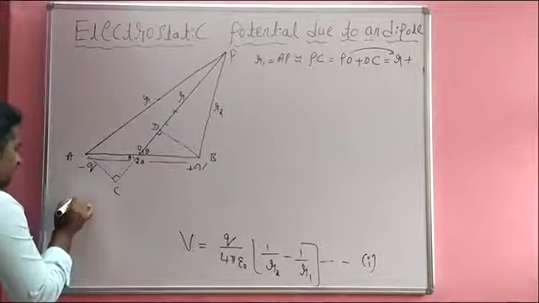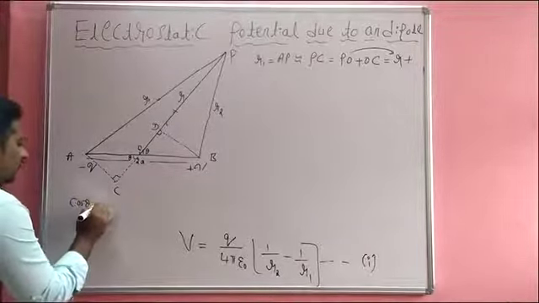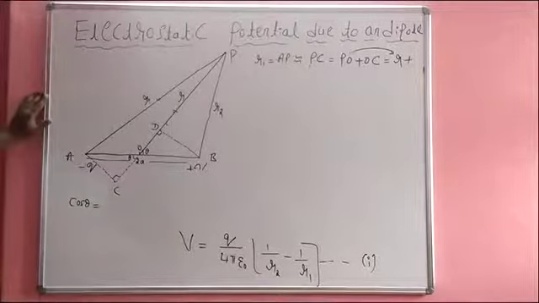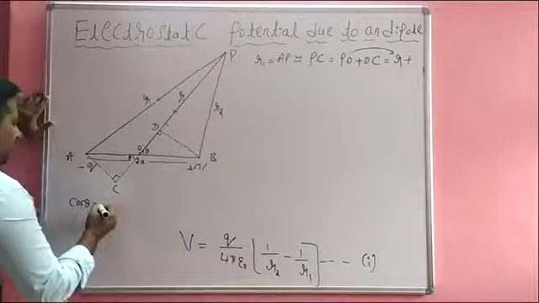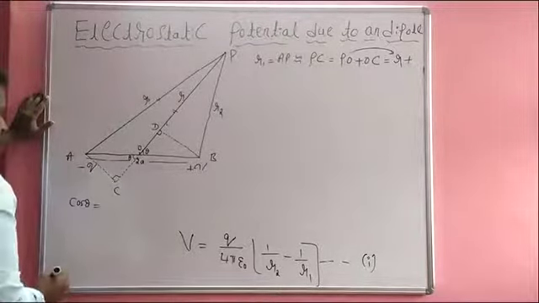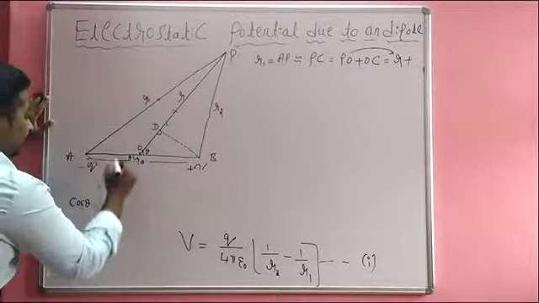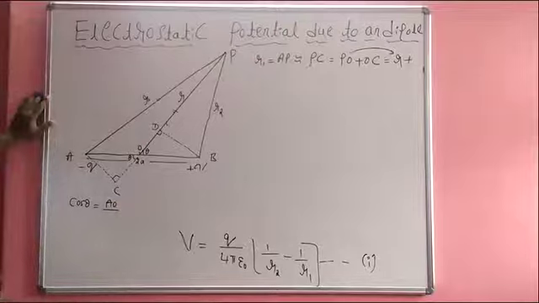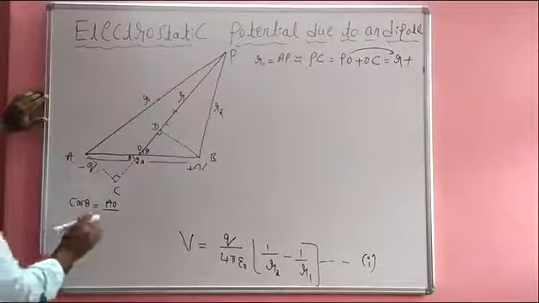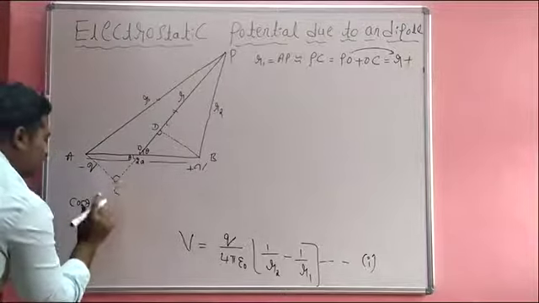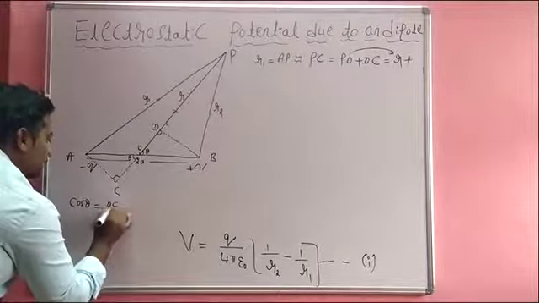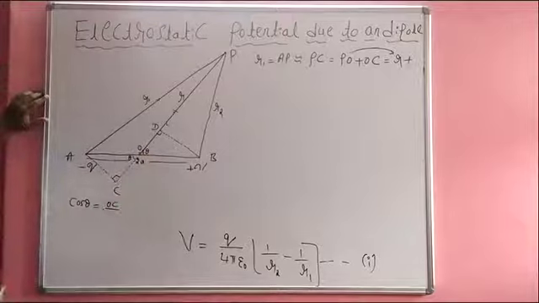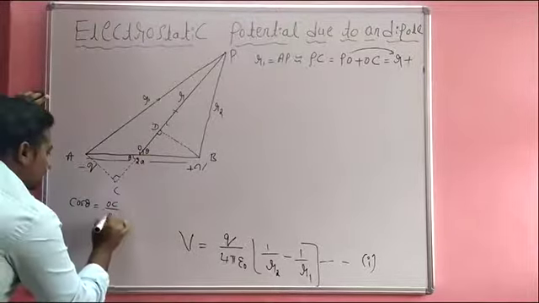So cos theta is equal to the adjacent side divided by the hypotenuse. The adjacent side is OC, and the hypotenuse is AO.